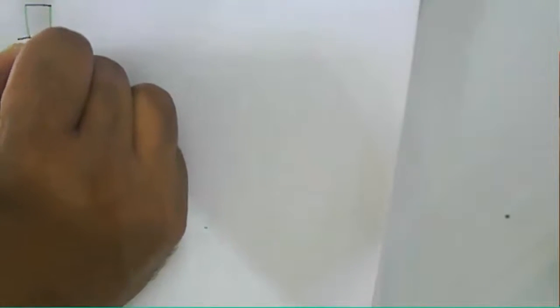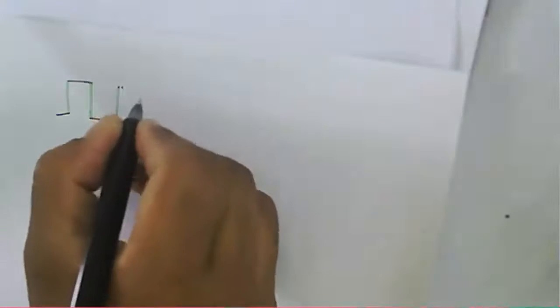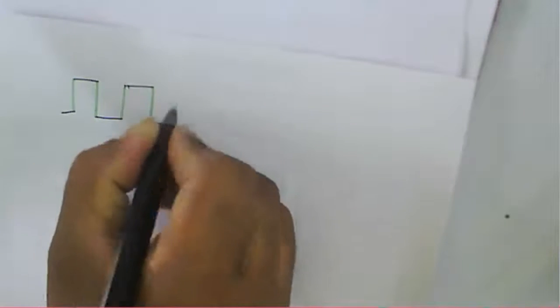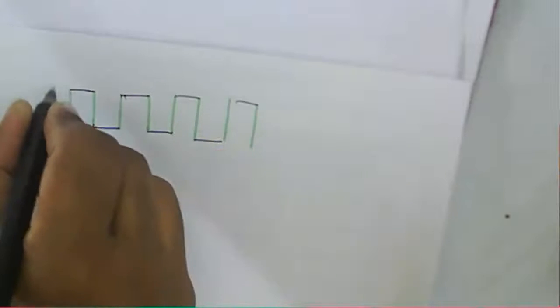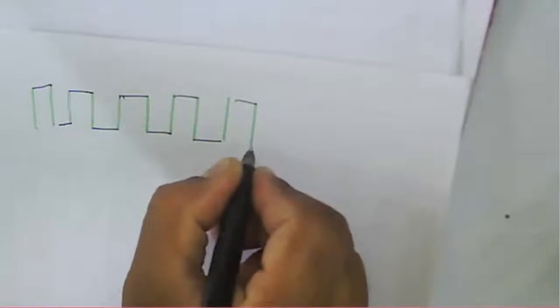Okay, so there are various types of slow wave structures. What are the various types of slow wave structures? One is the helix, this is called a helix. Another one is the folded back line, so this one is your folded back line structure. Likewise, this one we can say is a zigzag line structure.